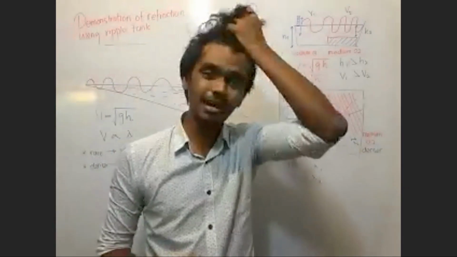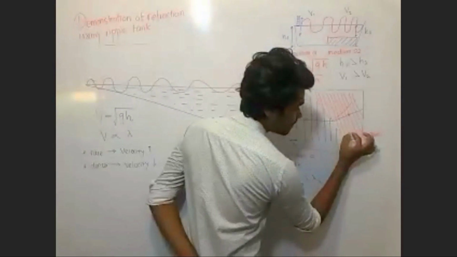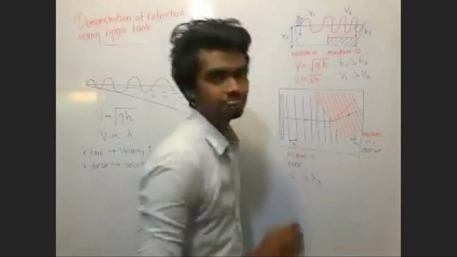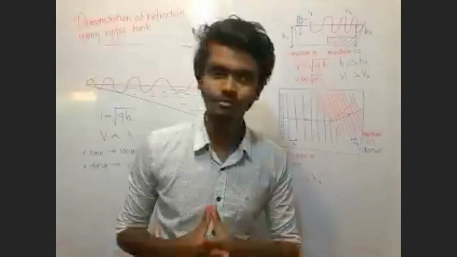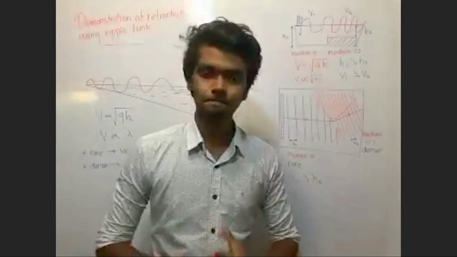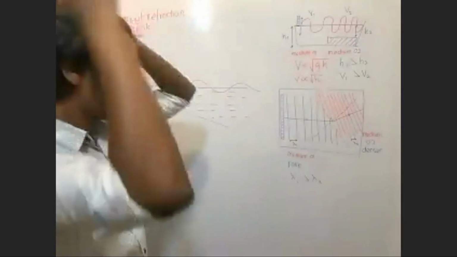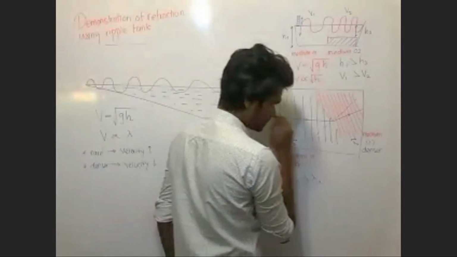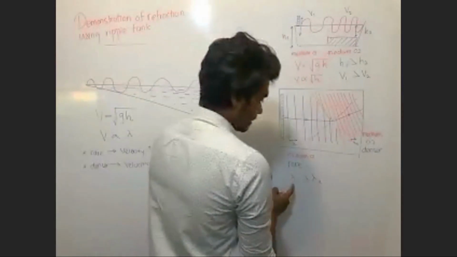If you have everything marked properly, but this distance between the wavefronts is greater than this distance, it's wrong. A lot of things are there to consider in the demonstration of refraction. Okay? So very important. This is lambda 1, this is lambda 2. Lambda 1 is greater than lambda 2.